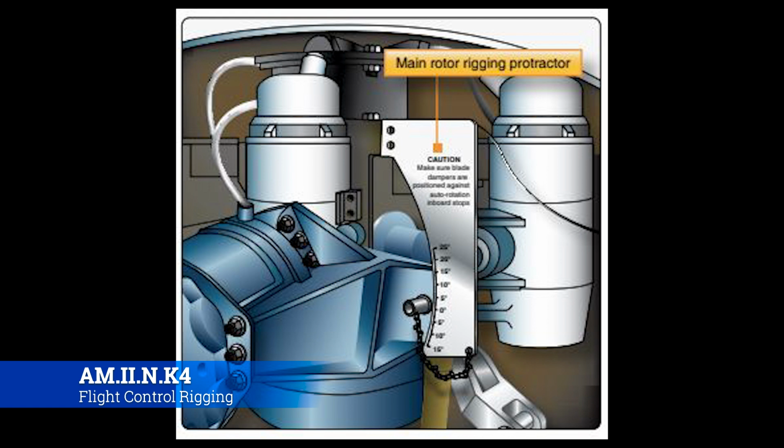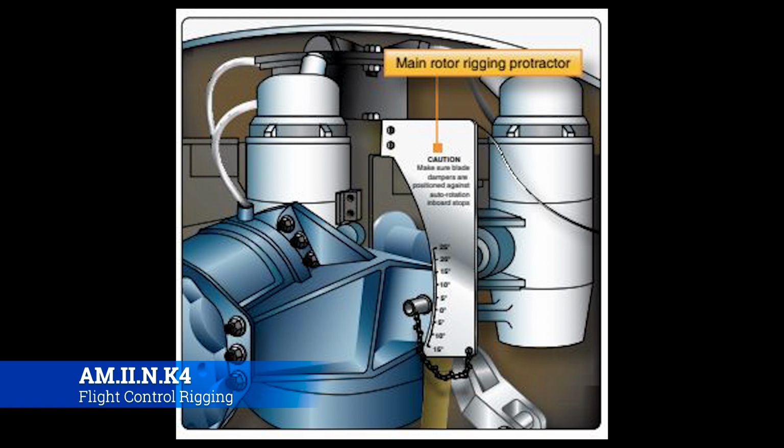Now, what we'd end up doing is that we would go back with a propeller protractor on the tail rotor prop and actually set it to a certain preset angle. So say it's supposed to be set at like 30 degrees.